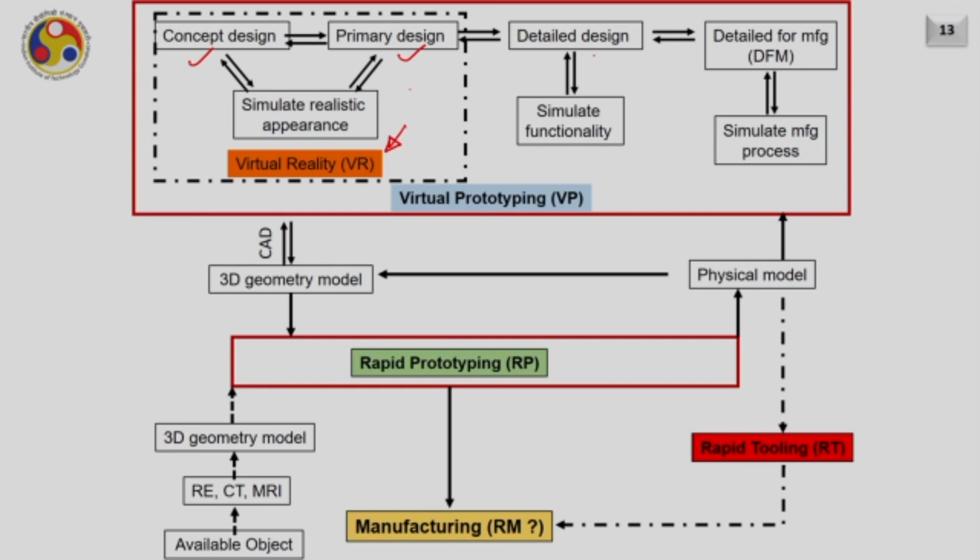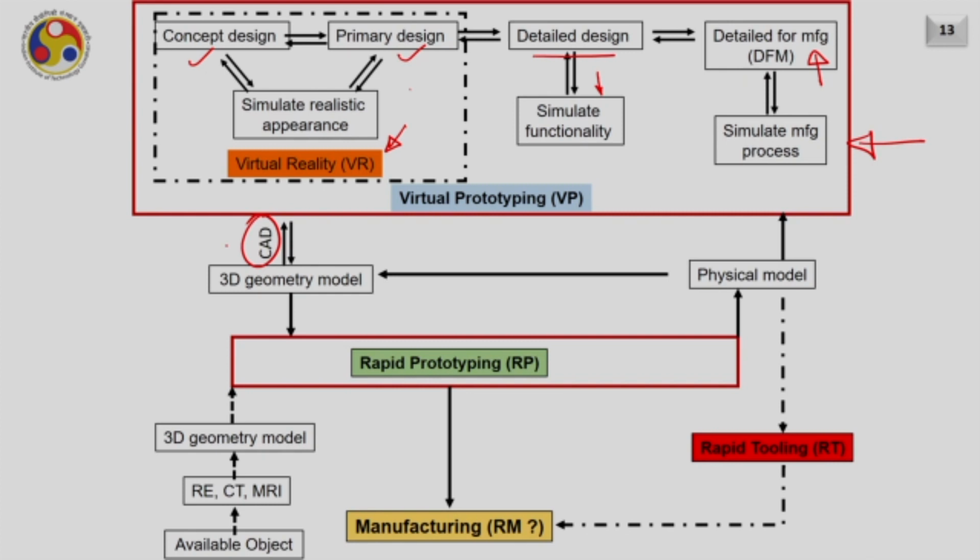Then the output is a detailed design, which we again simulate to check its functionality, and then we make changes based on design for manufacturing, and again simulate for the corresponding manufacturing process. The output of this virtual prototyping is nothing but a CAD model.